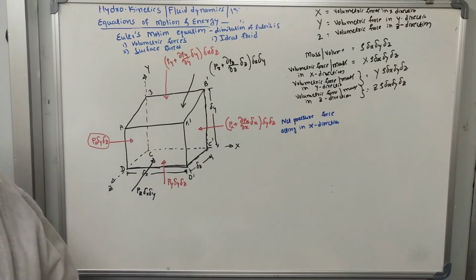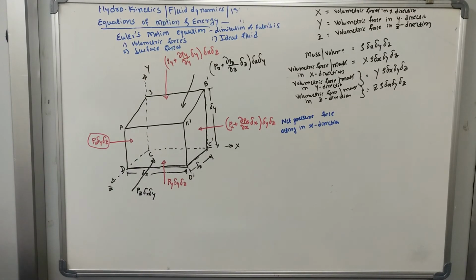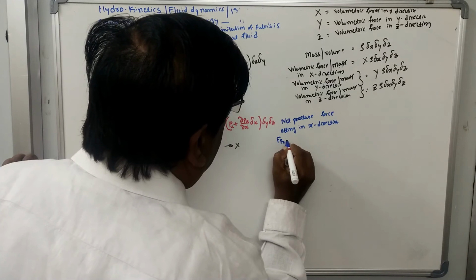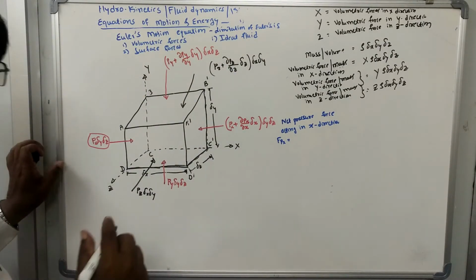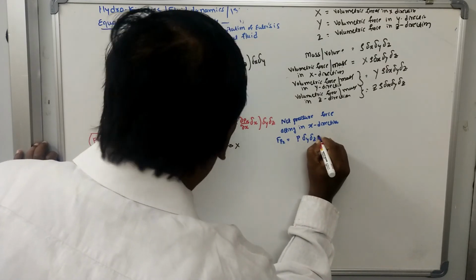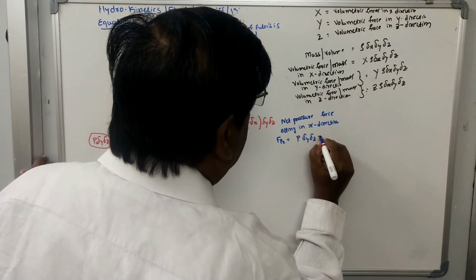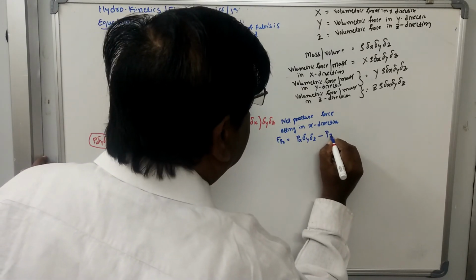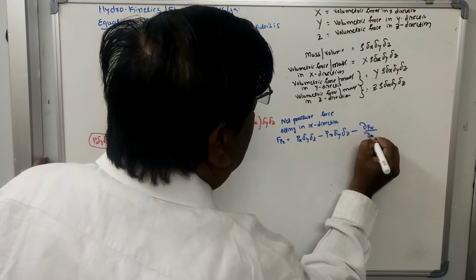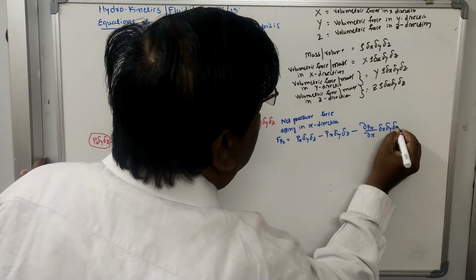That is the pressure force in the x direction, Fpx, which is equal to the difference between these two: Px delta y delta z minus Px delta y delta z minus ∂Px by ∂x delta x delta y delta z.